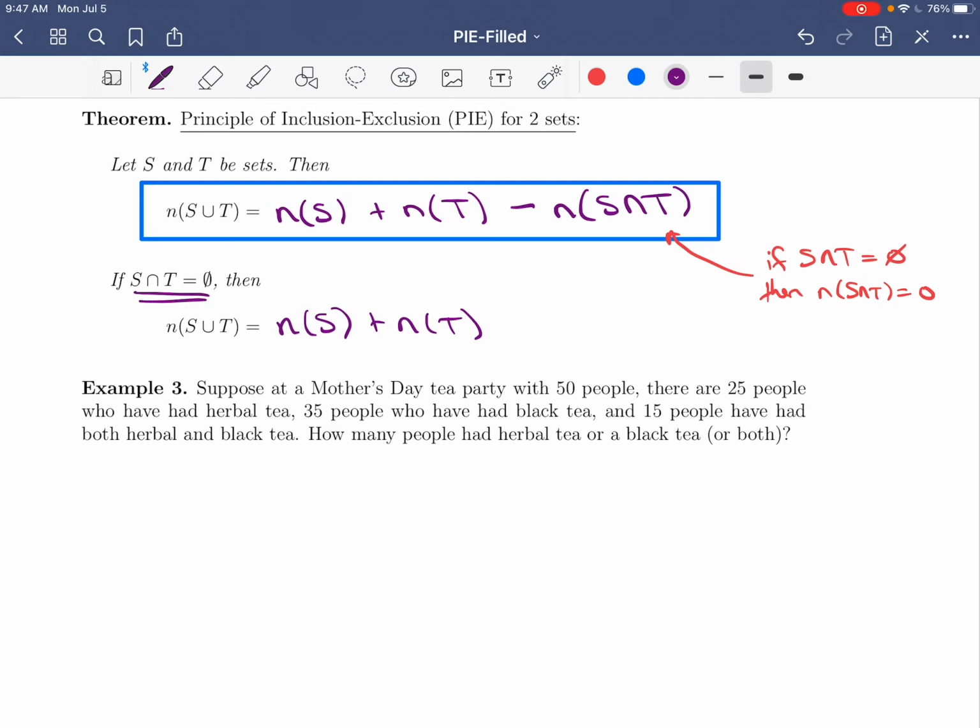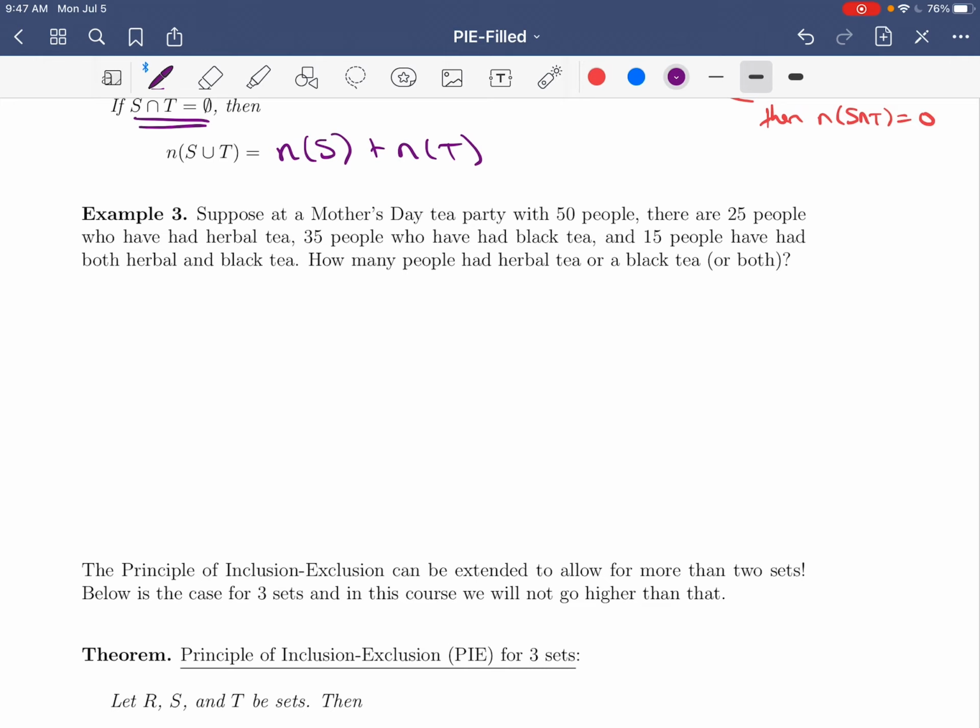So suppose at a Mother's Day tea party with 50 people, there are 25 people who have herbal tea, and 35 people who had black tea, and 15 people who had both herbal and black tea. And we want to know how many people had herbal tea or black tea, or both. Okay, so I'm just going to define some notation.